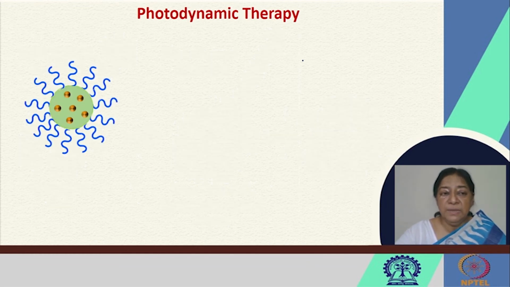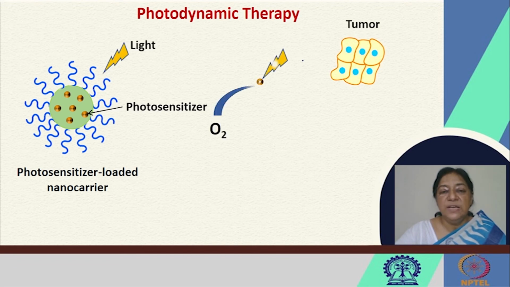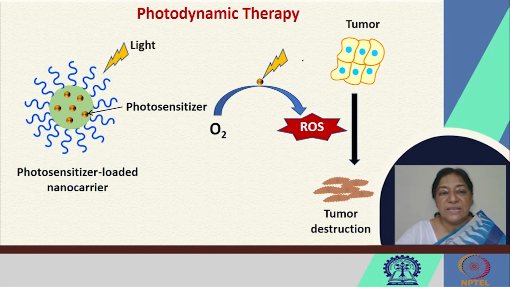In photodynamic therapy, we have photosensitizer-loaded nanocarriers. In this case, there is a photosensitizer and specific light creates reactive oxygen species, ROS, resulting in tumor destruction.